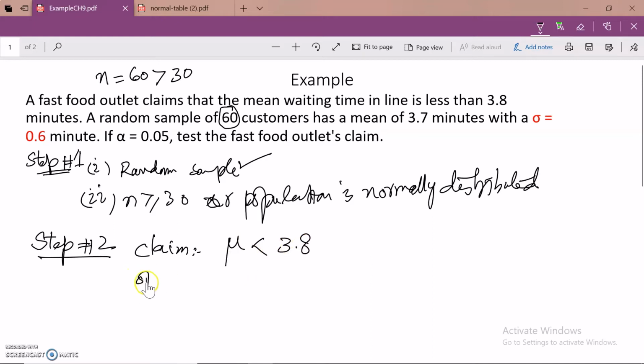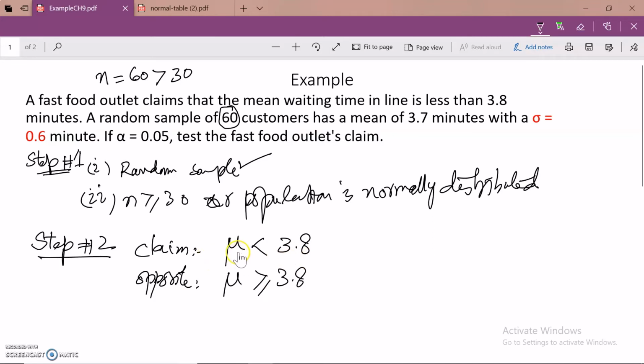And what is the opposite of that claim? The opposite of that claim is mean time is greater than or equal to 3.8. Now one of them is a null hypothesis and the other one is an alternative hypothesis. Which one is which? We are going to see.